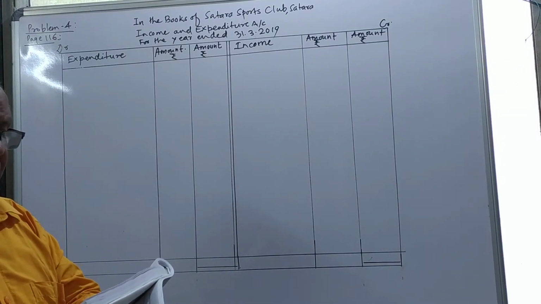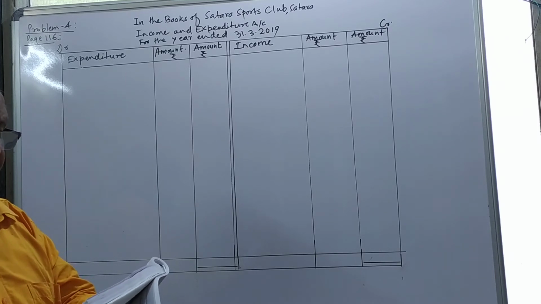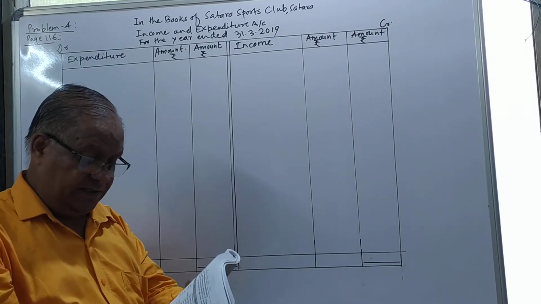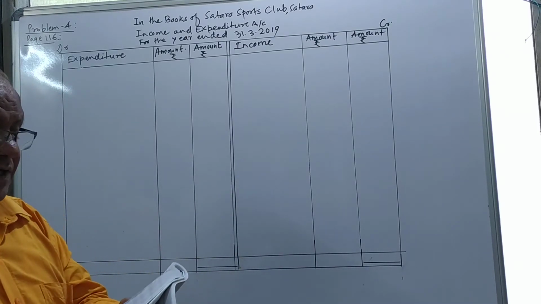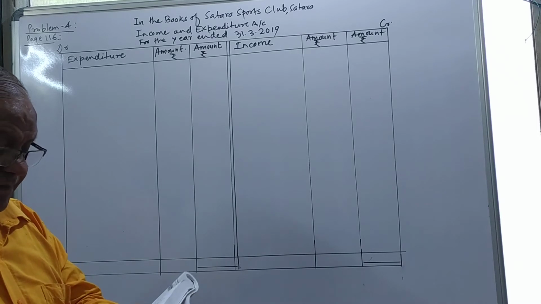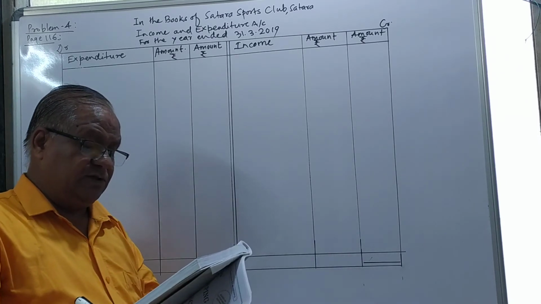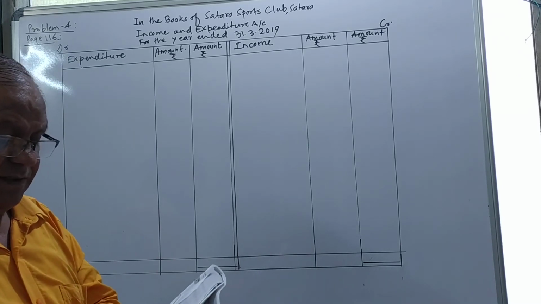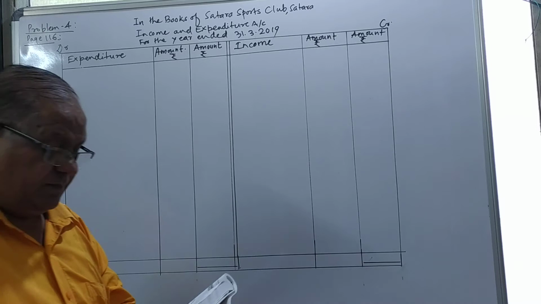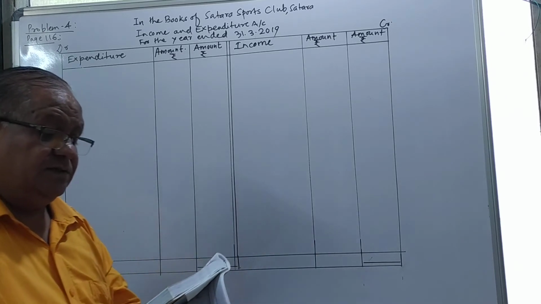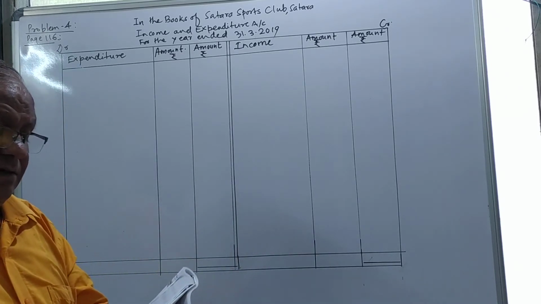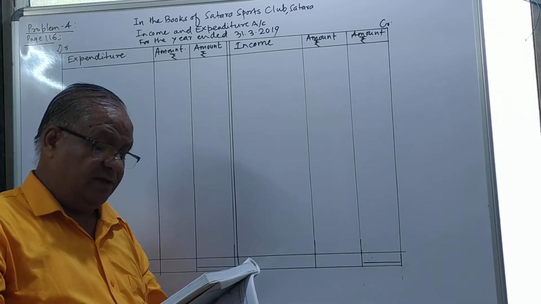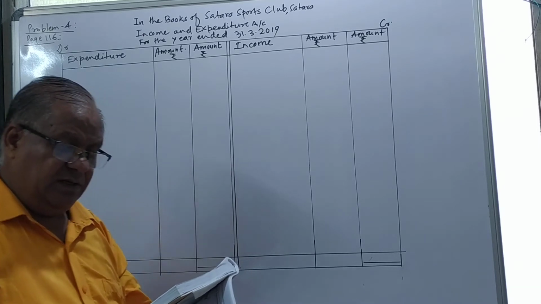Subscription for the current year 2018-19 is given as 44,500. On that there is an adjustment, which we take into consideration, so tick mark on that. Rent also has an adjustment, so tick mark on the rent. Entrance fees are to be treated as revenue income, so tick mark there. And stock of sports material is given on the payment side; on that you have to take into consideration and make a tick mark.